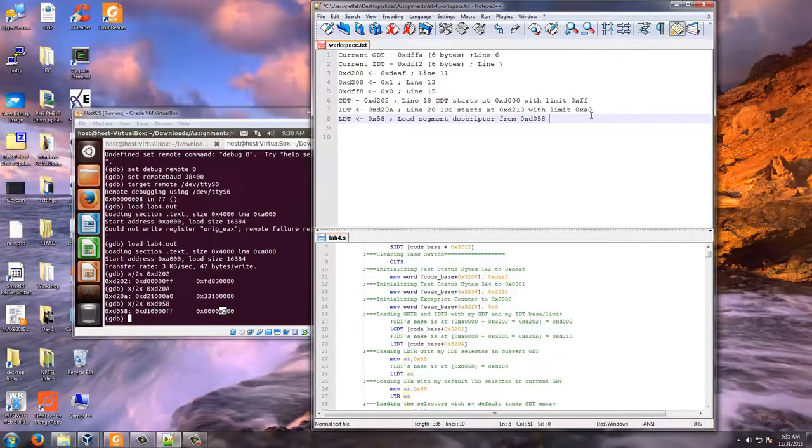So this loads an LDT, loads an LDT starting at 0x D100 and of limit 0x FF.